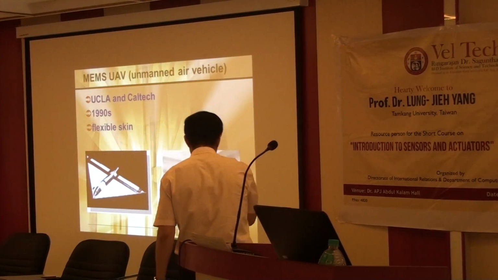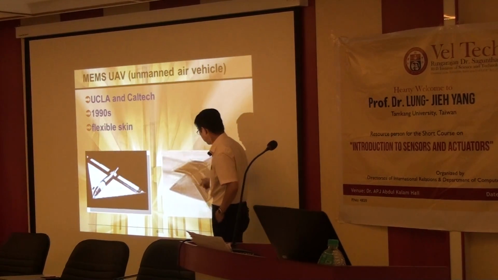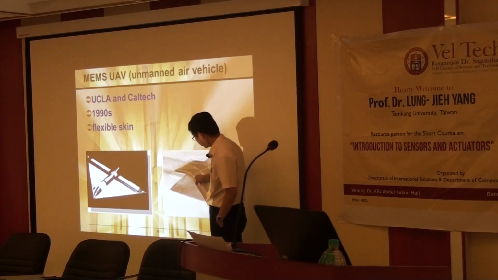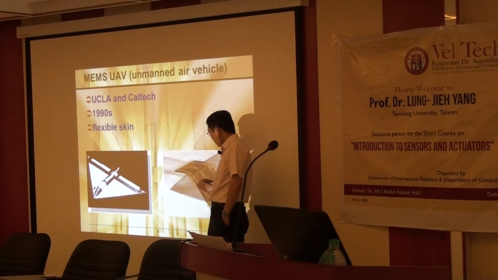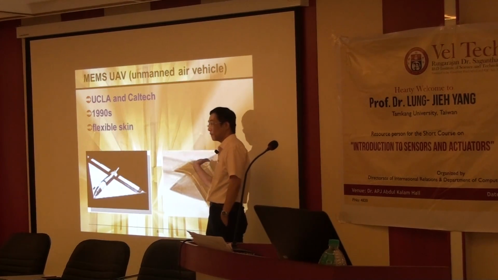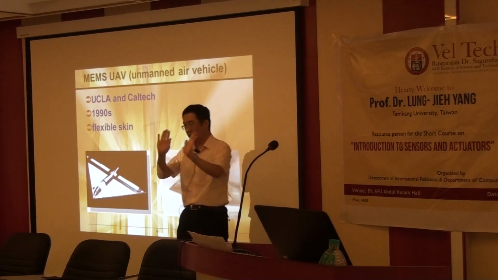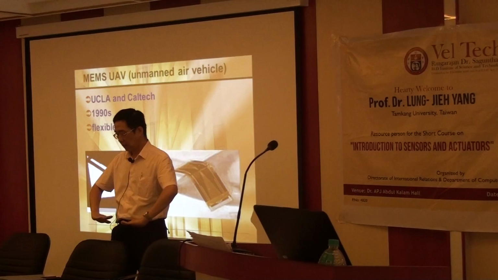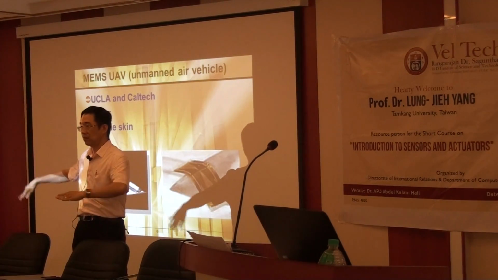So you can see many small dots. Each dot is a flap that goes up and down. So it's something like hundreds of micro control surfaces. They can go up or down by some independent control.